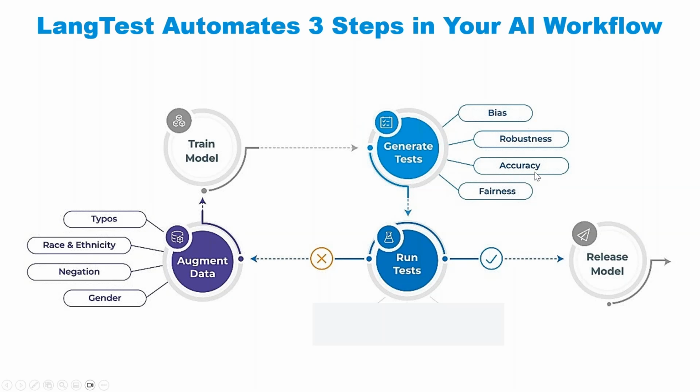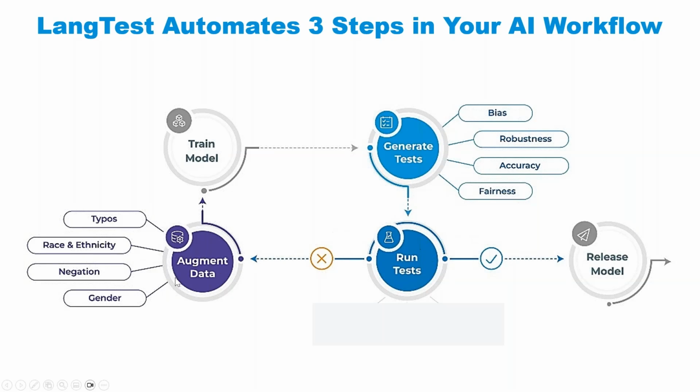But not only that, we also have all the tests for all of the other aspects that I mentioned and more. Then we can run the tests, and if the model passes, or if it is enough to say I'm comfortable to deploy this model, then we can just release the model to production.